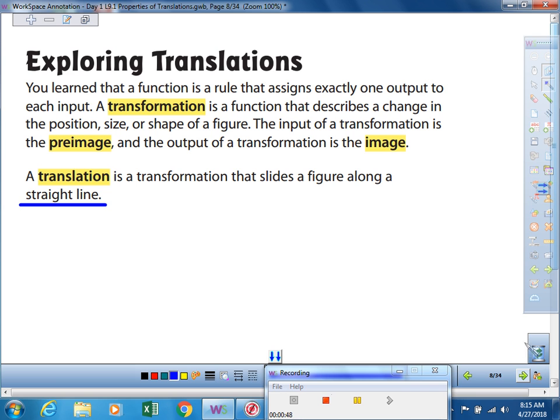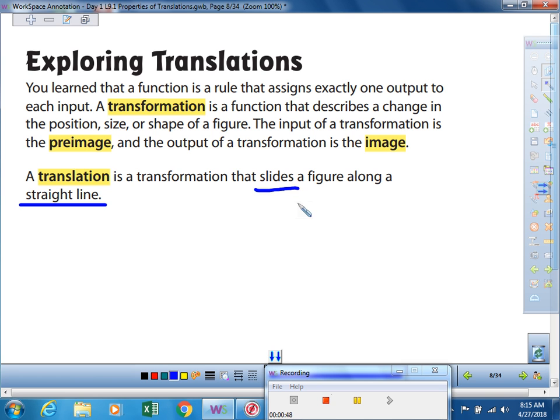All right, so you learned that a function is a rule that assigns exactly one output to each input. A transformation is a function that describes a change in the position, size, or shape of a figure. The input of a transformation is the pre-image, and the output is the image. And then a translation is a transformation that slides a figure along a straight line.